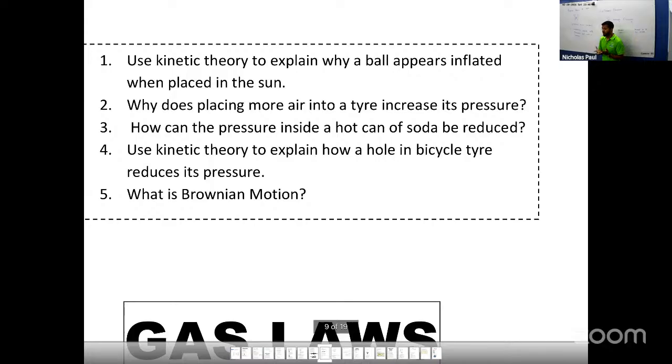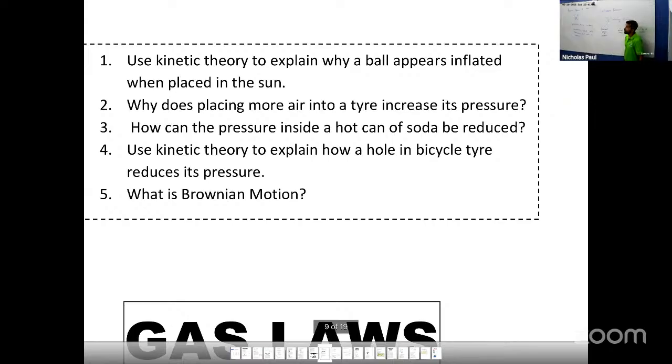If you take a football and it's deflated, why does it appear inflated when placed in the sun? Right, the temperature will increase, the particles gain more energy and collide more, and it will increase the pressure.